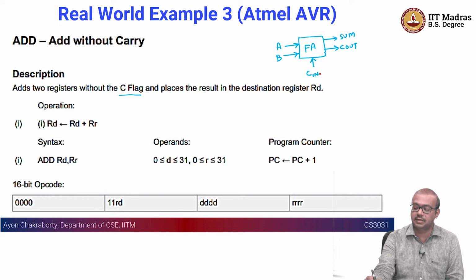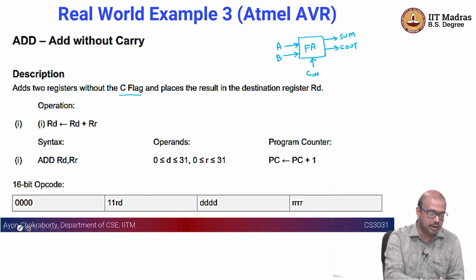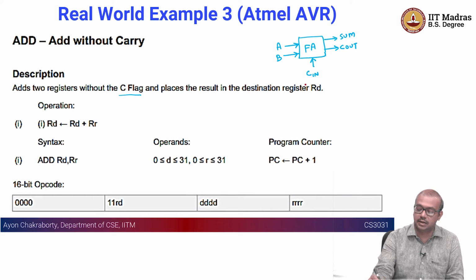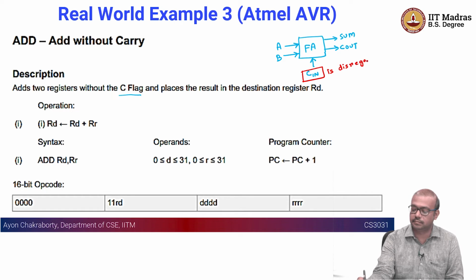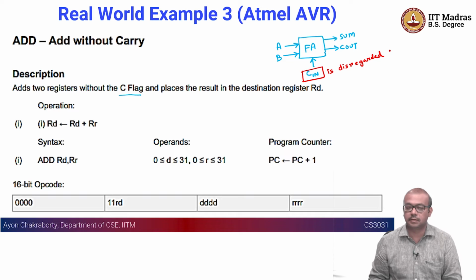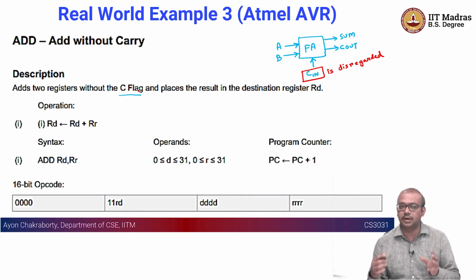So you need to understand that in this particular instruction, C in is disregarded. Carry in is not respected. So it is without the carry flag. And now why is it called a C flag? Carry, as I told you, there is no separate way to store the carry other than in the status register.